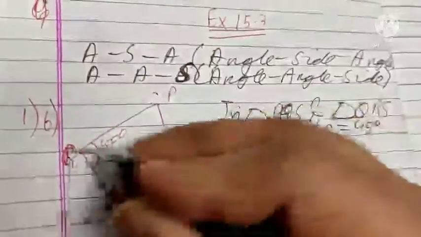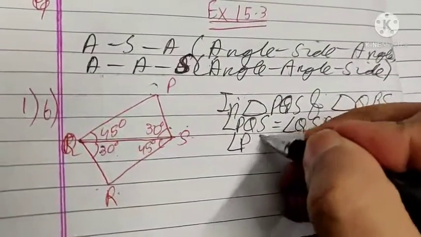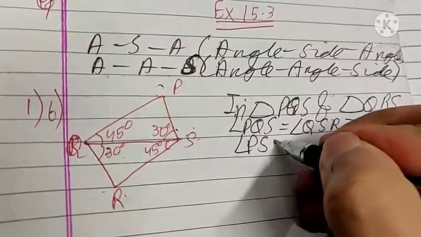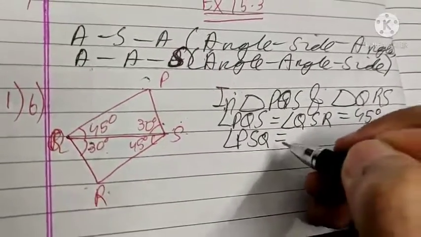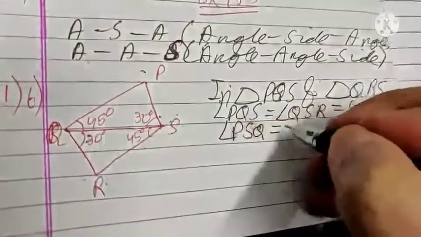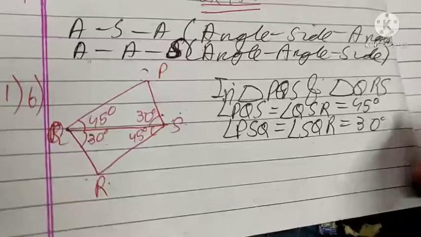Then angle PSQ is 30 and this is 30. Angle PSQ is equal to angle SQR, both are 30 degree. These two are given.